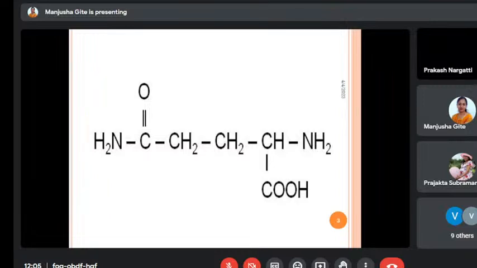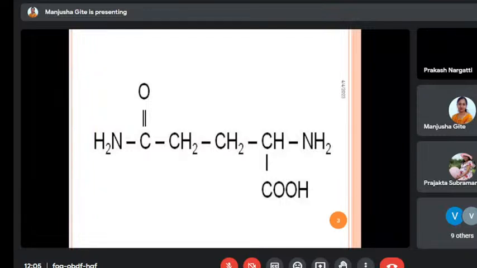Now capital M means the molecular weight of the compound. Capital C means the number of carbon atoms. Below that I told you to write small n.